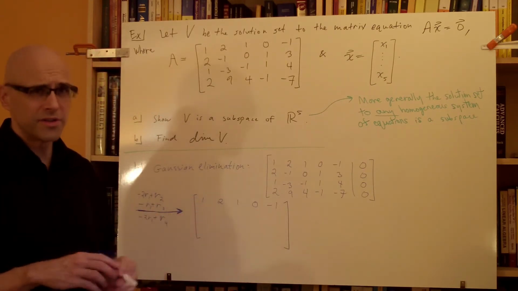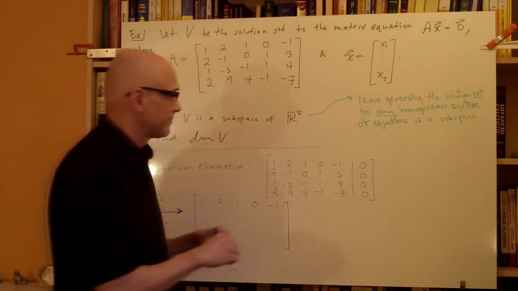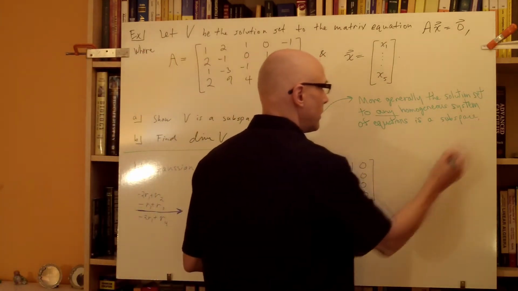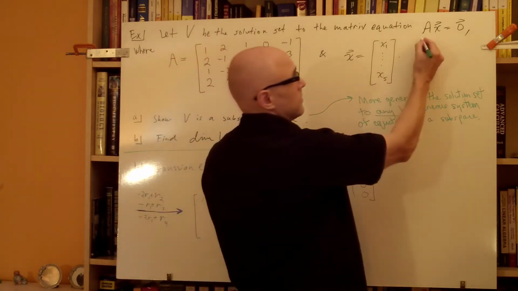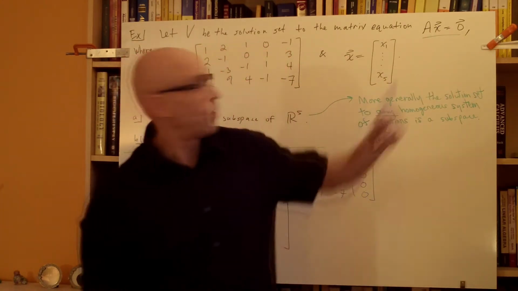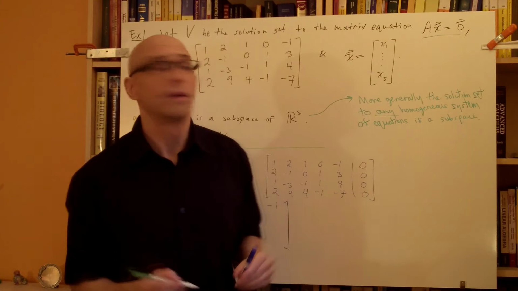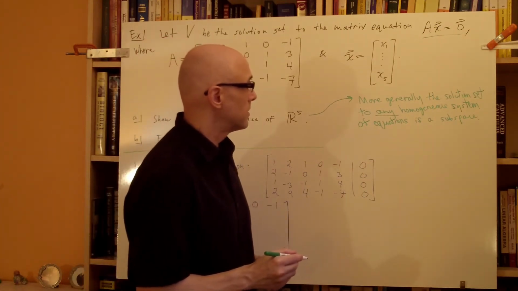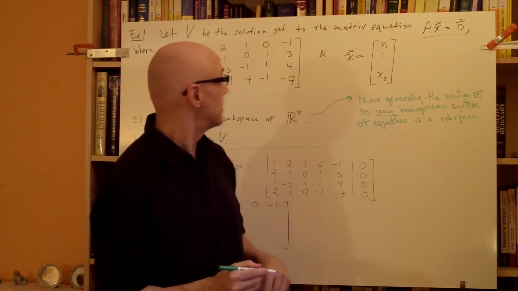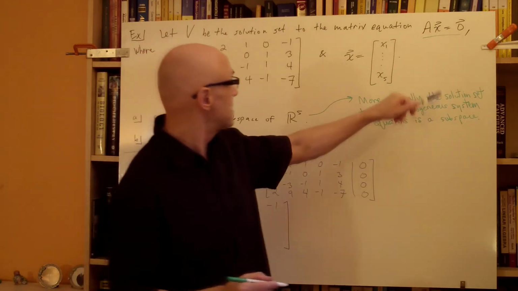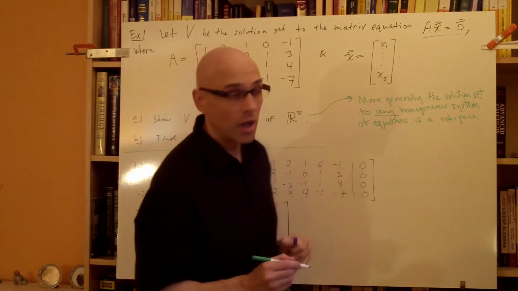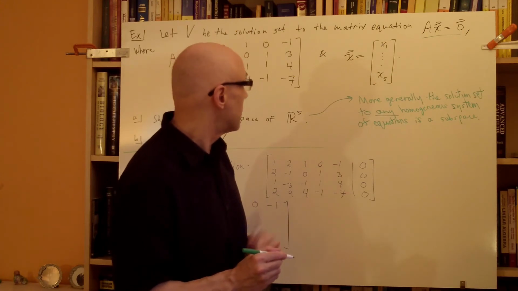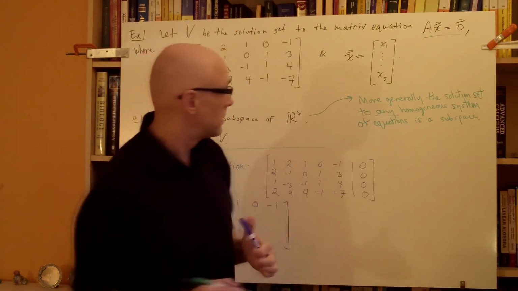And all you've got to do is note that a homogeneous system can always be put in terms of a matrix equation like that, with the zero vector on the right-hand side, right? So what we're really saying is that the solution set to a matrix equation such as this, with the zero vector on the right, must in fact be a subspace.